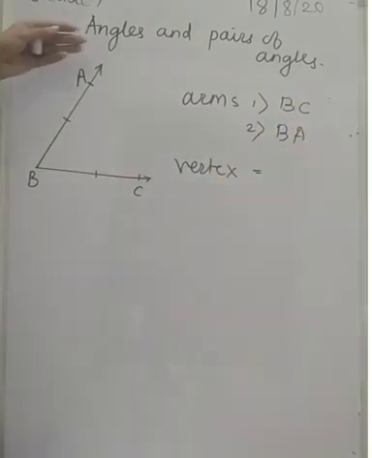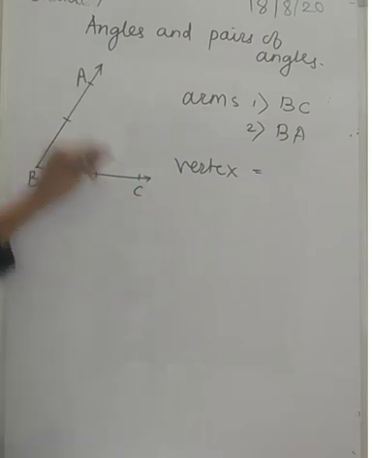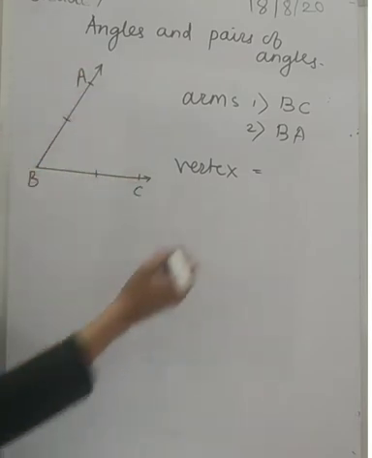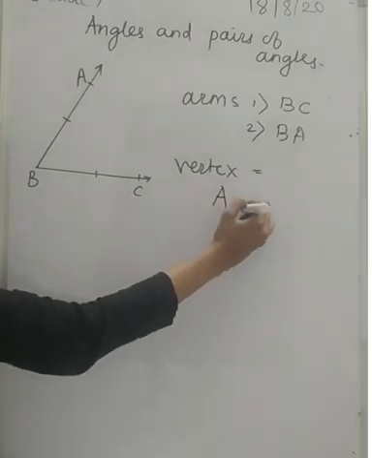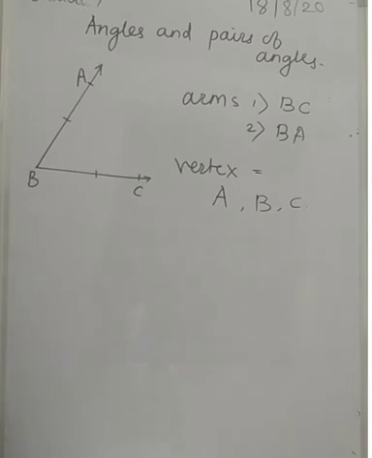Then if you see how many points are there on the arms, there are points A, B and C. These 3 points are on the arms.